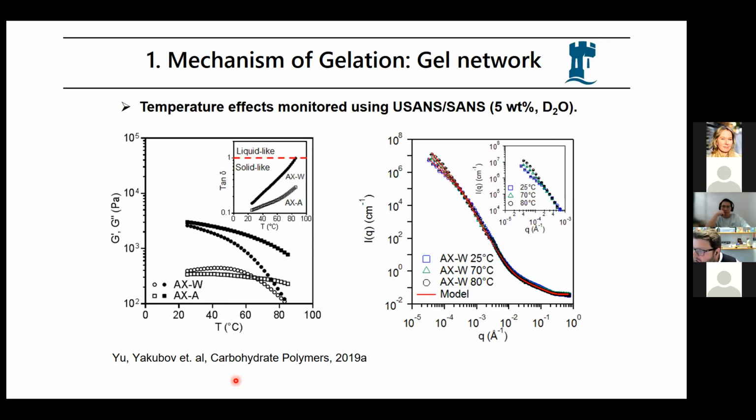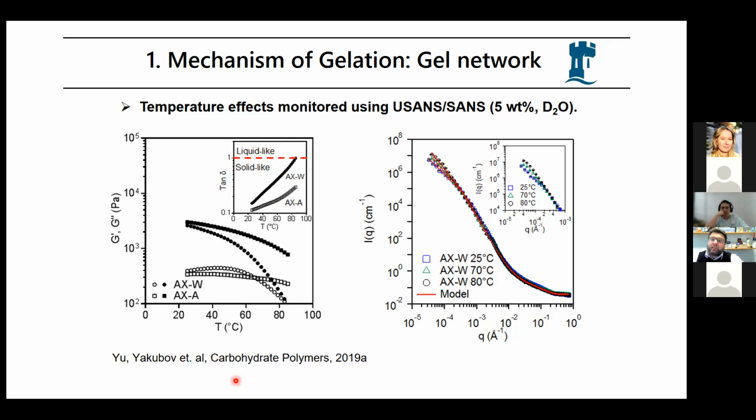And what you can see, for example, is whether the changes in the structure are associated with the changes in the rheological properties. And we couldn't find any major difference in the structural changes associated with the changes in the temperature. So it means that the rheological properties are changing dramatically, but the structure of the polymer network actually is pretty conserved.